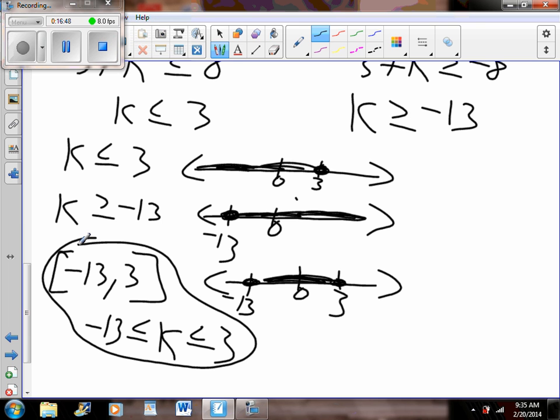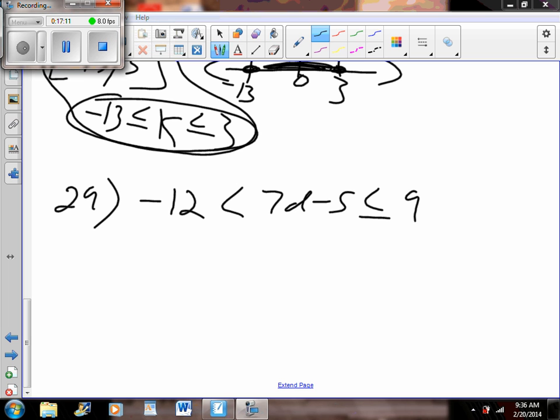Most of you, if you got it right, left your answer without combining it into one math sentence, like what I would like to have seen right here, or with the brackets. So set builder or interval notation, you can put your answer in either one of those 2 contexts.